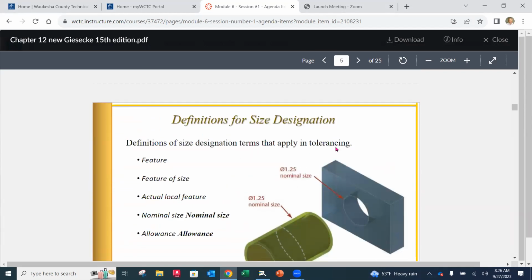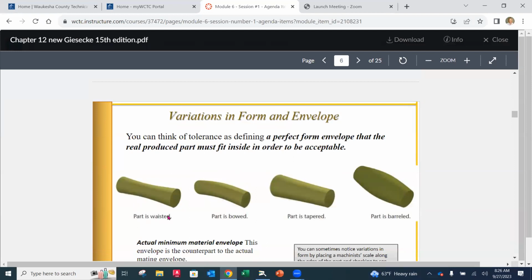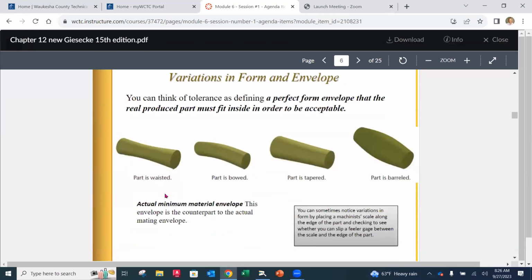They can look kind of like an hourglass. They can look bowed along the length. They can be tapered. They can also take a barrel effect. But as long as they don't violate that min and that max value, they can look like this.